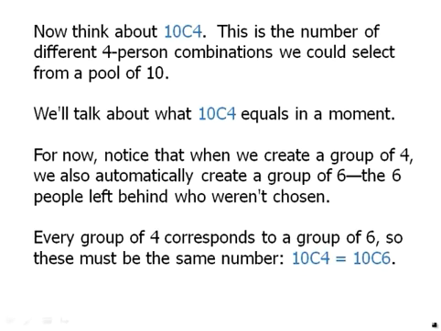In other words, 10 choose 4 must equal 10 choose 6. There's a 1-to-1 correspondence between groups of 4 and groups of 6 when we're choosing from a pool of 10. And similarly, 10 choose 3 would have to equal 10 choose 7, 10 choose 2 would have to equal 10 choose 8, and so forth.